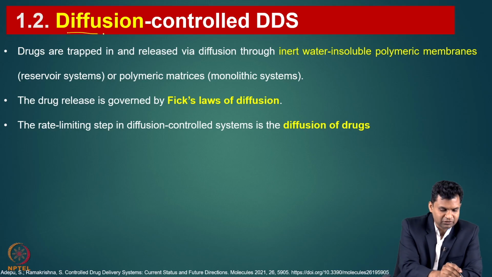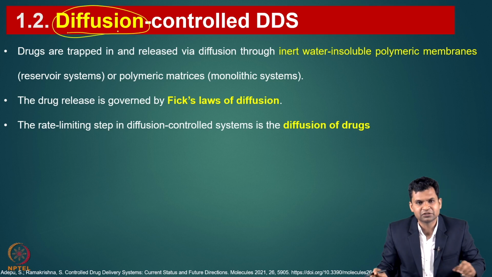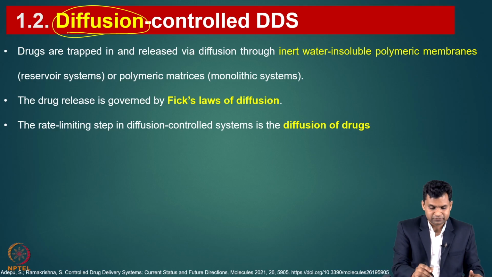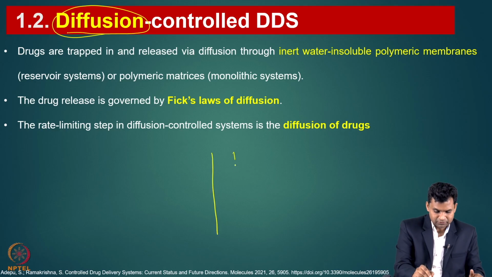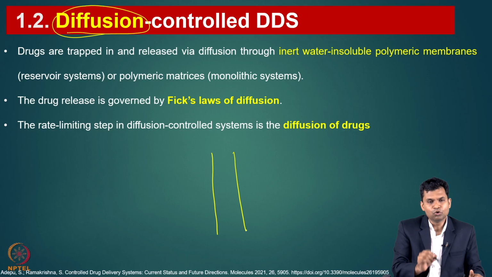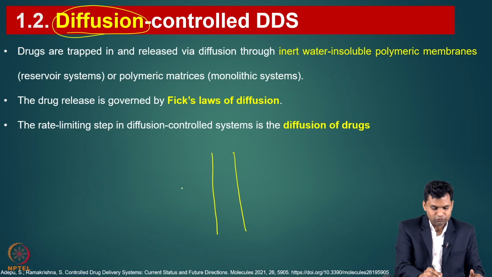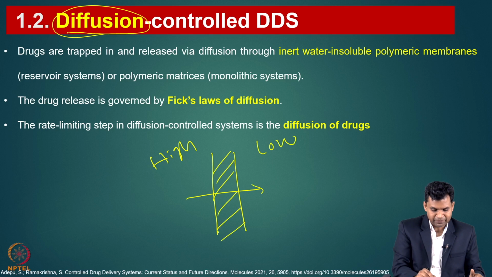The topic we are going to discuss today is the diffusion controlled drug delivery system, and we know that diffusion is very important for absorption. Diffusion is nothing but the movement of molecules from high concentration to low concentration through a semi permeable membrane.